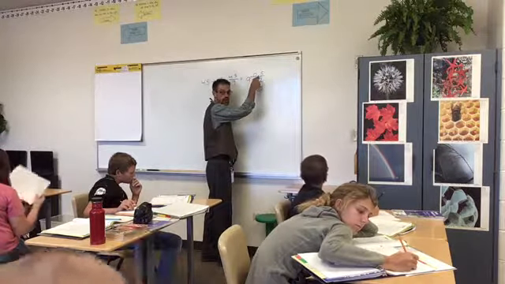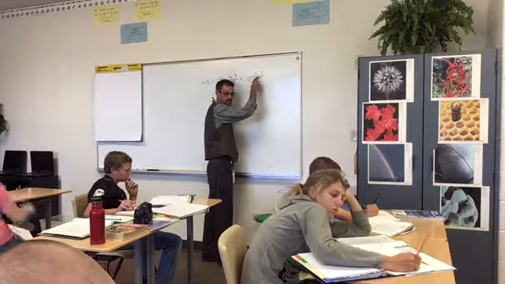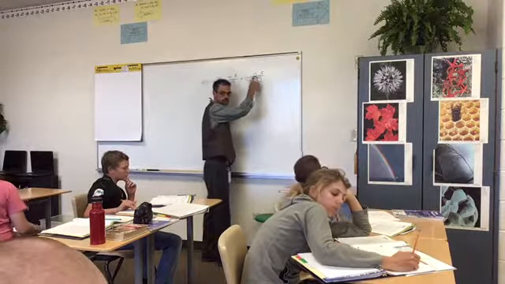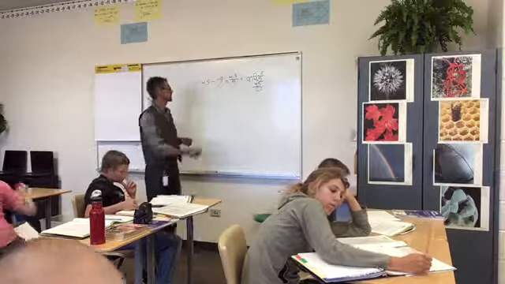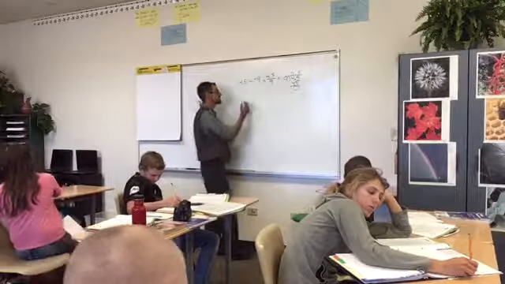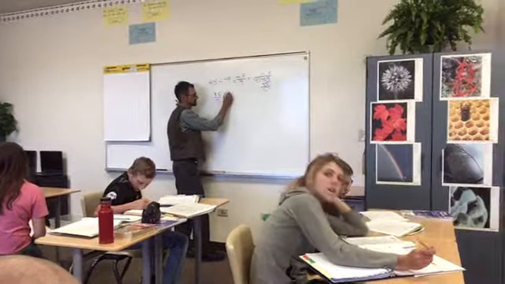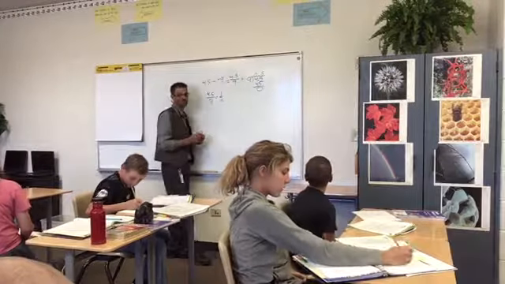0.5, which is what? What's 0.5? Half. Now is this positive or negative? It's positive because it's a positive divided by positive. So do you see this, Austin? Now that this, those are equal.